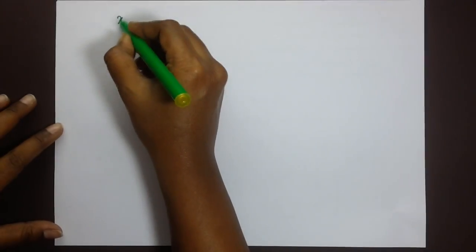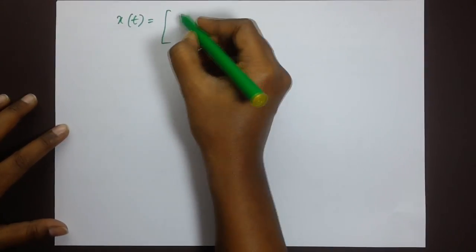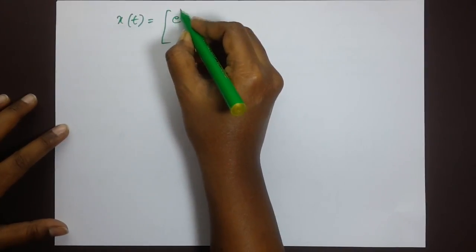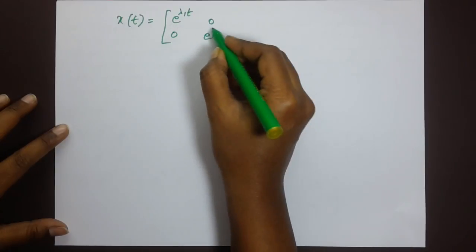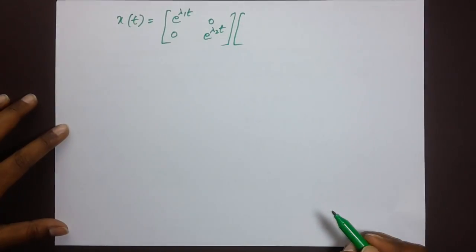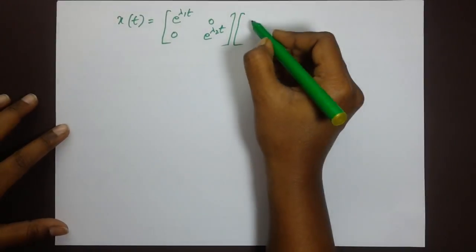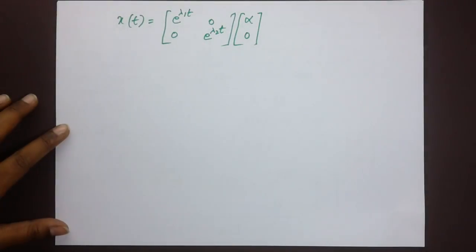Now x of t is what we are supposed to find. Phi of t is what we have, the 2 by 2 matrix, which is e power lambda 1t, 0, 0, e power lambda 2t, into x of 0, which is our initial condition and written in matrix form, that will be alpha, 0.